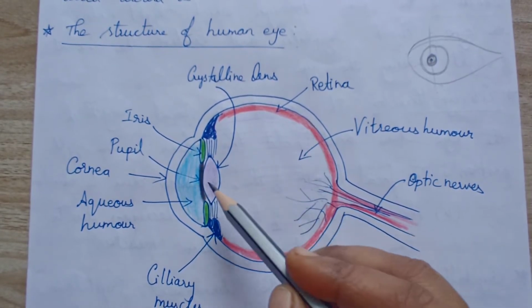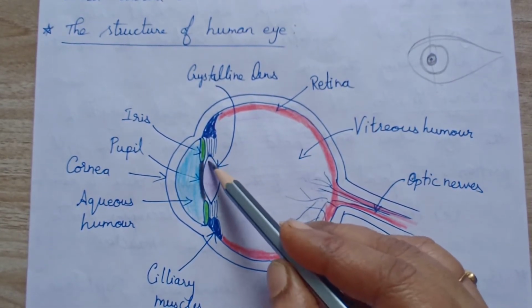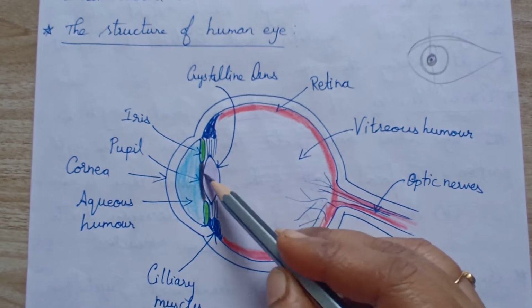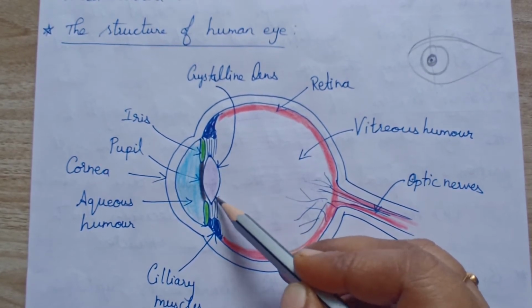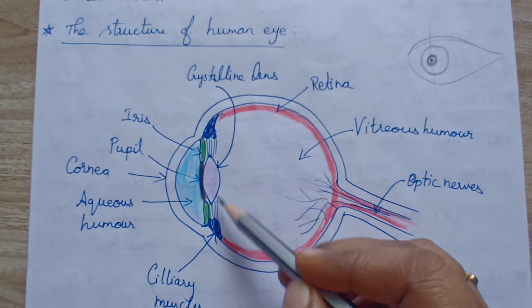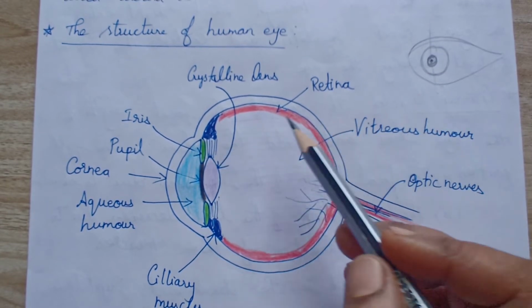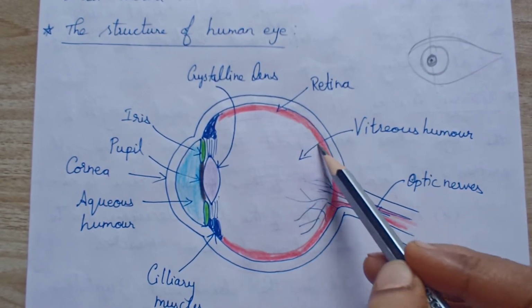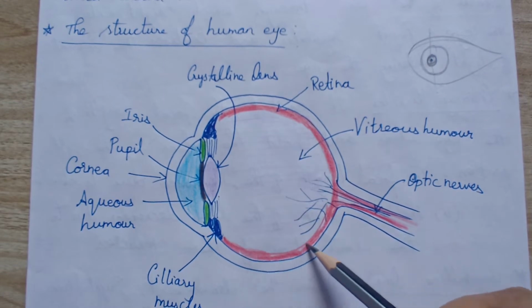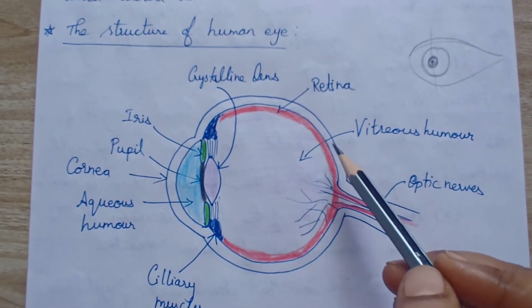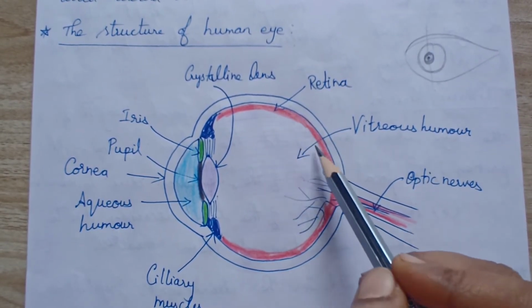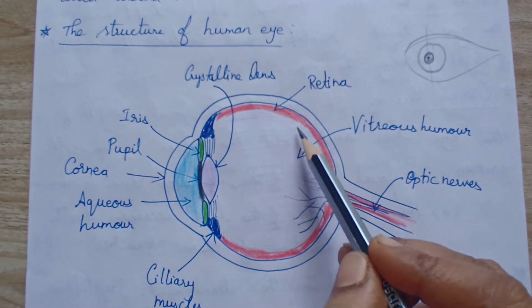Behind the iris you will have the lens. This is the eye lens, and it is held by the ciliary muscles. You will get the image on the retina. The red part I have shown is the retina, which works like a screen where you can get the image.